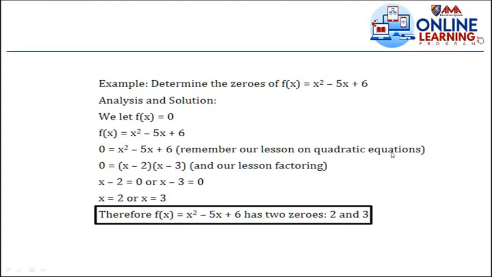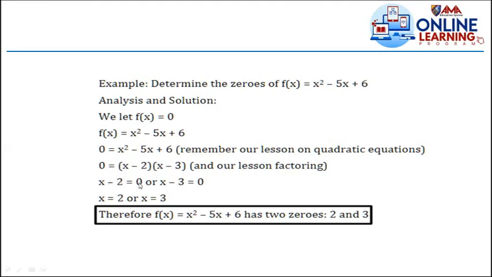So dito, if we're going to make use of factoring, if we're going to factor x squared minus 5x plus 6, the factors are x minus 2, x minus 3. Okay, if we're going to multiply these two, we're going to have x squared minus 5x plus 6 po siya. Okay, so with that, we're going to equate these into 0.